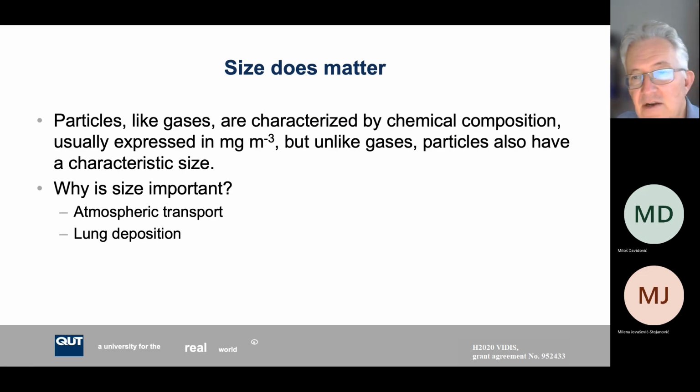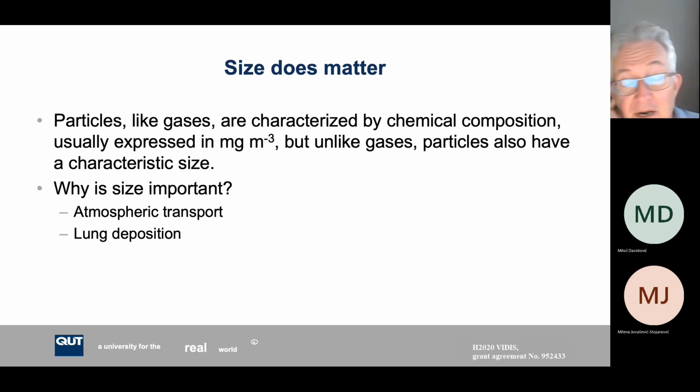Particles, like gases, are characterized not only by a single concentration expressed in milligrams per cubic meter, like you would characterize any gas, or a mixing ratio in parts per million or similar, but they also have other characteristics, and that is how big they are, what's their composition, what is their shape, surface, etc. So why is this important at all?